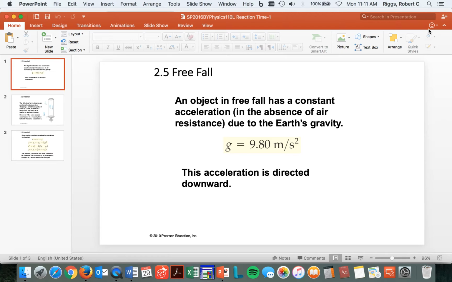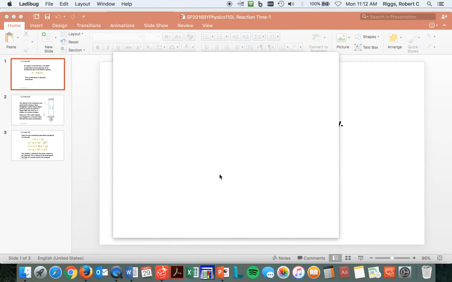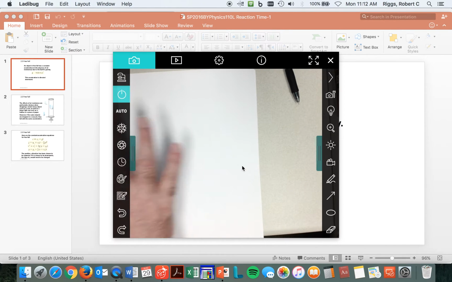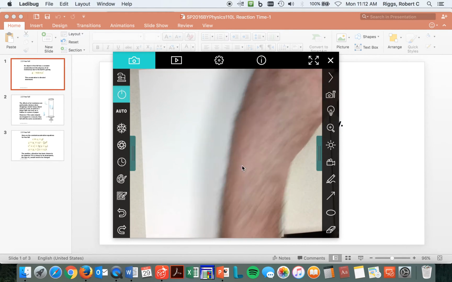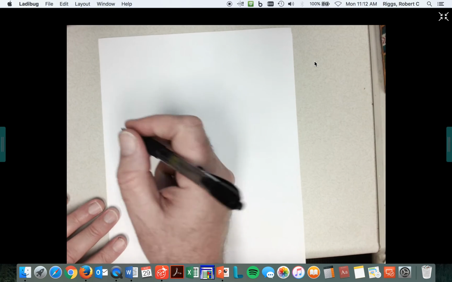I'm going to show you right now, and then you're going to see an equation that might blow your mind if you're not used to sciencey stuff, but that's okay. But what do we mean by a free fall?